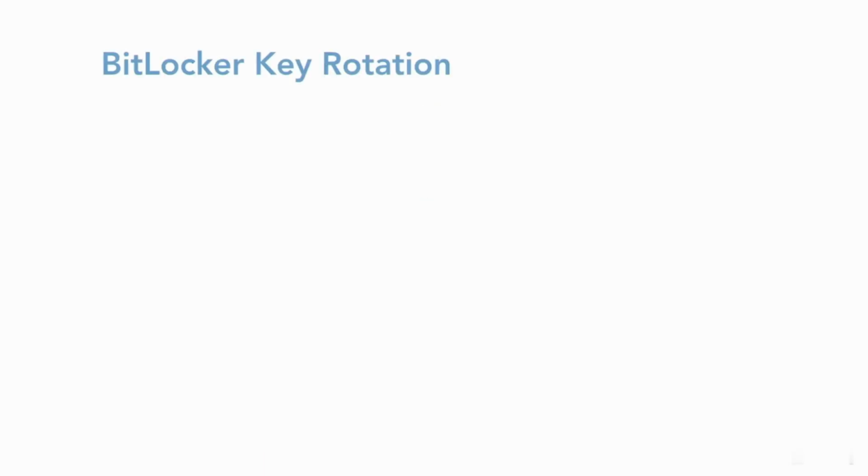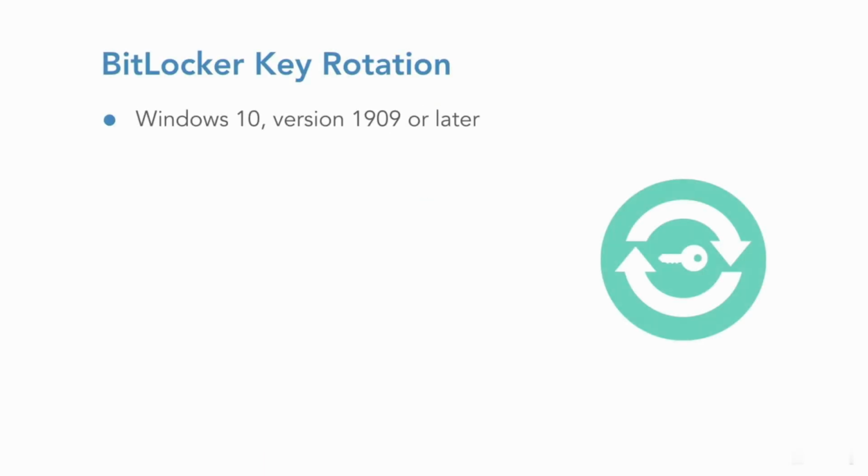The new BitLocker feature introduced at the end of 2019 is called Key Rotation. This helps enterprises to manage encryption keys and is used for Intune managed Windows 10 devices. The feature allows the recovery password to be automatically refreshed after the operating system drive has been recovered or on demand. There are a number of prerequisites for this feature. These include the device must be running Windows 10 version 1909 or higher.